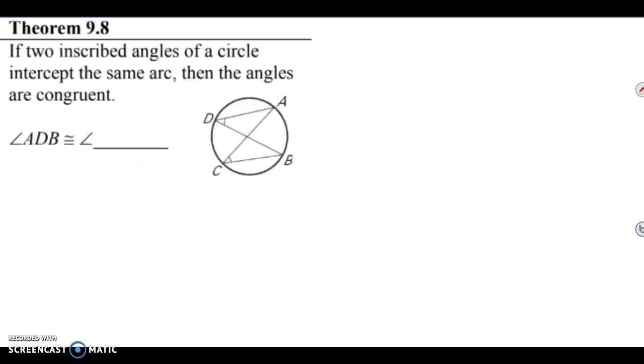Okay. If you have two inscribed angles on a circle that intercept the same arc, those angles have to be equal. So the two inscribed angles, angle ADB, this angle, is intercepting arc AB. Then we have the other inscribed angle, angle ACB.